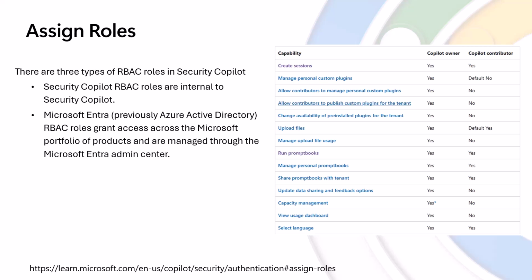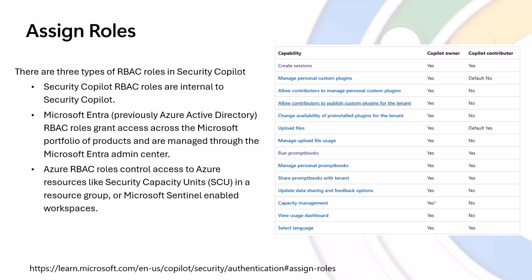For example, as discussed, Microsoft Entra Security Administrator role is required for setting up Security Copilot. Azure RBAC roles control access to Azure resources. For example, as discussed, you need the Azure subscription owner or contributor role to create and assign SCUs.